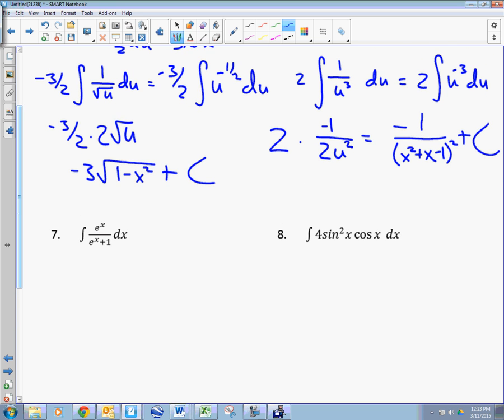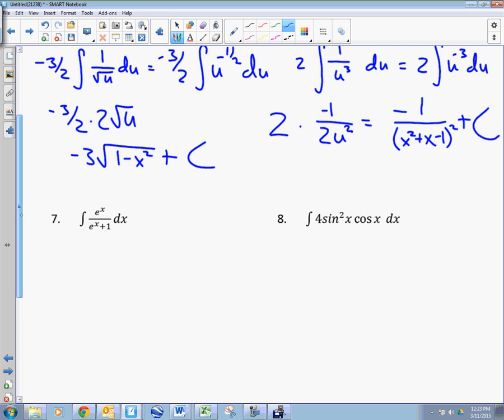Who can tell me something interesting about number 7? What's the derivative of e to the x? E to the x. So if I take the derivative of e to the x, I get e to the x. But if I take the derivative of e to the x plus 1, I get e to the x. Isn't that sweet?